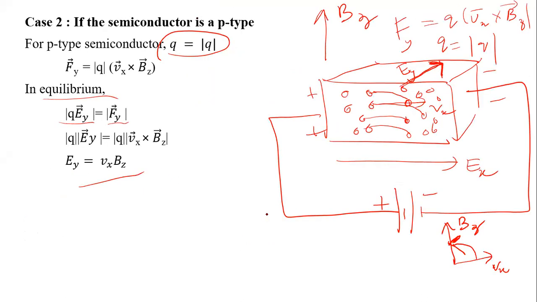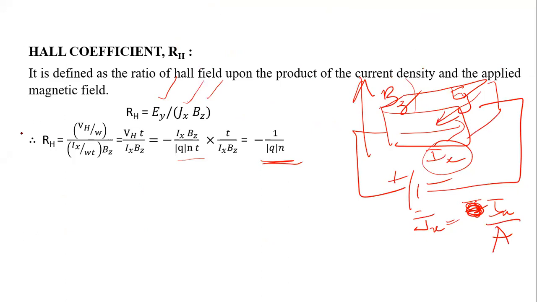And similarly, once you determine this, you know the value of 1 unit of charge, that is 1.6 × 10⁻¹⁹ coulomb. So you can also determine how many free electrons are available in this n-type semiconductor. That is the majority charge carriers value you can determine.